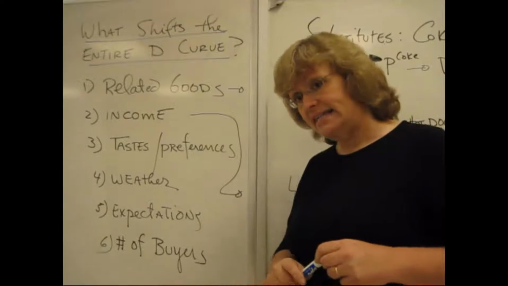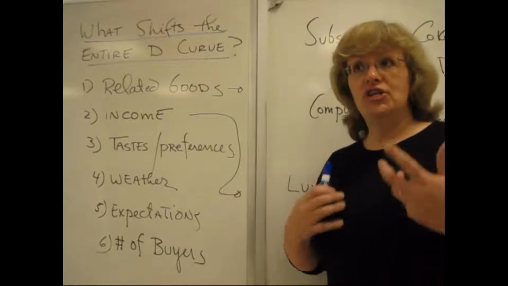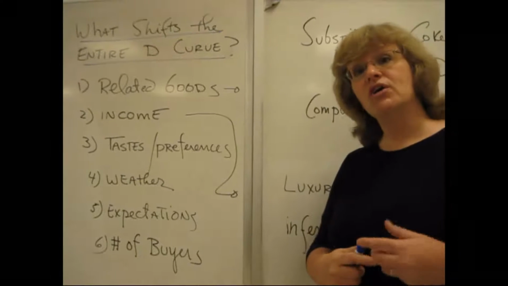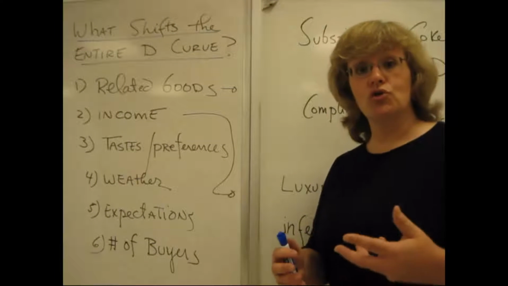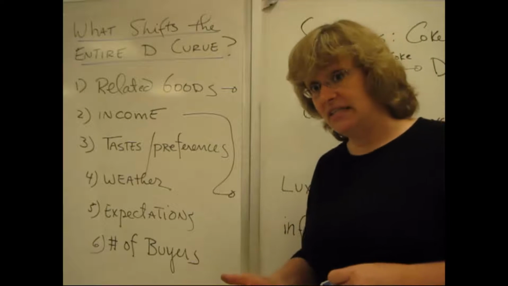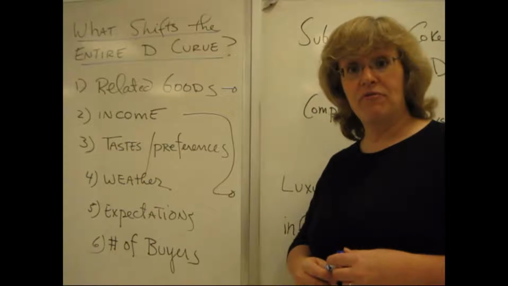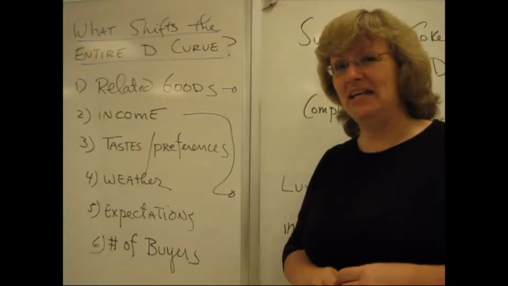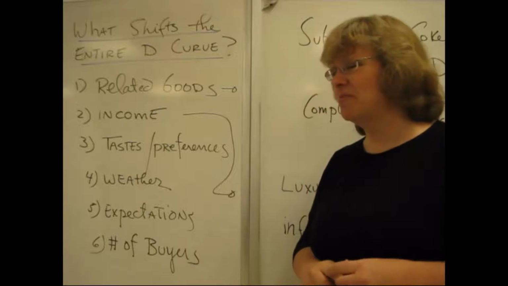Number 3 is tastes and preferences. Changes in taste and preferences can affect the demand for a good. Sometimes marketing folks separate these into short-term and long-term preference changes. Fads or fashions might be very short-term preference changes, like some of you might remember Pet Rocks from the 80s or Tickle Me Elmos from a little bit more recently.